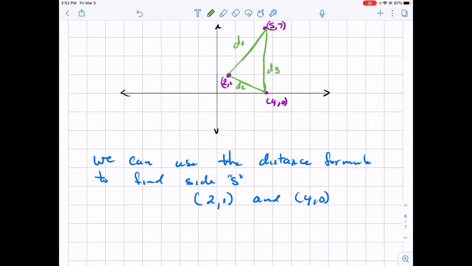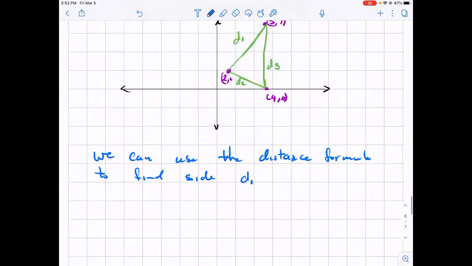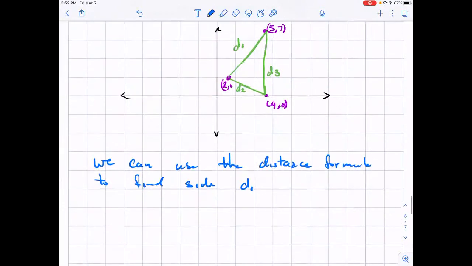And then we just, here, let's put them in order. So D1, and for D1, we have 2 points: the points 2, 1, and 5, 7. So let's find them in order.